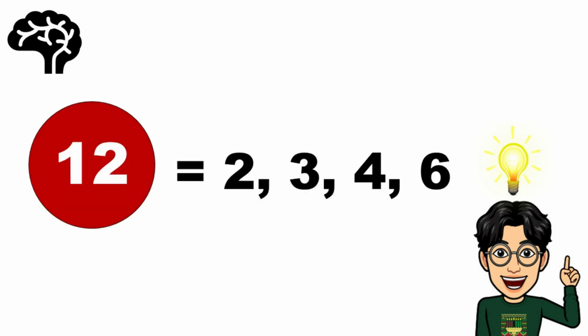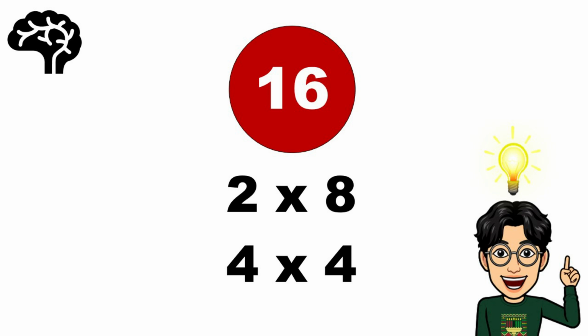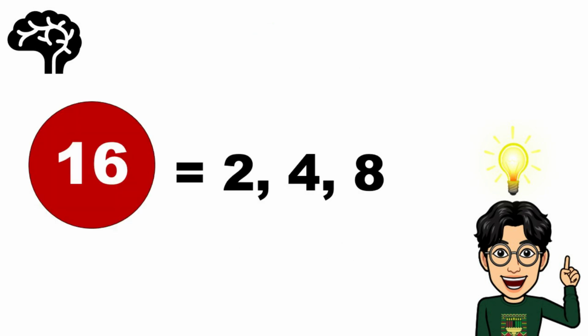Therefore, 12 has factors 2, 3, 4, and 6. Another, we have 16. We can get 16 as a product if we multiply 2 times 8 and 4 times 4. Therefore, 16 has factors 2, 4, and 8.